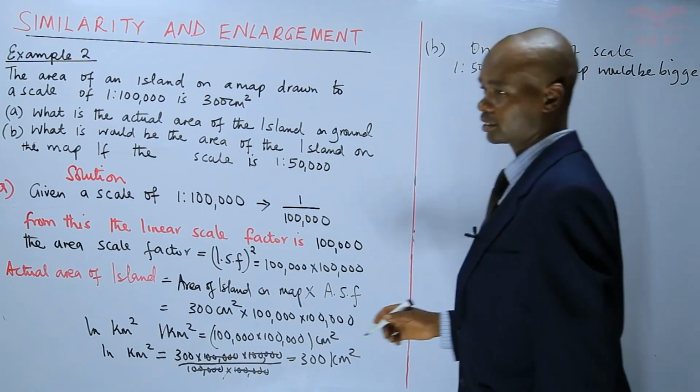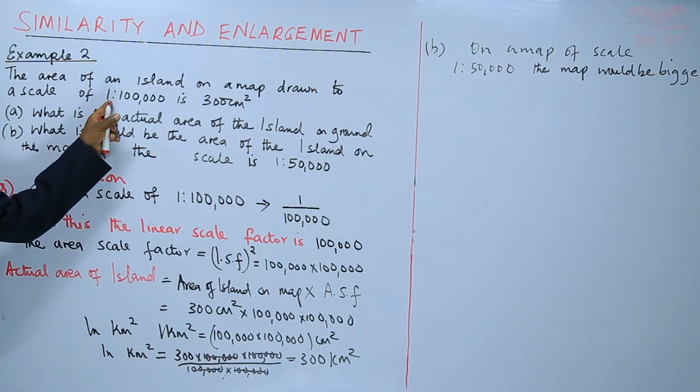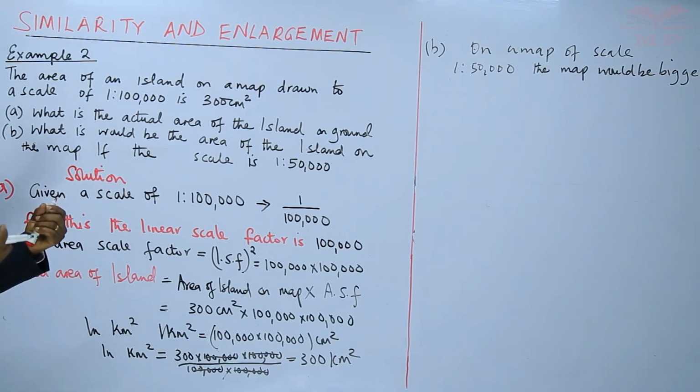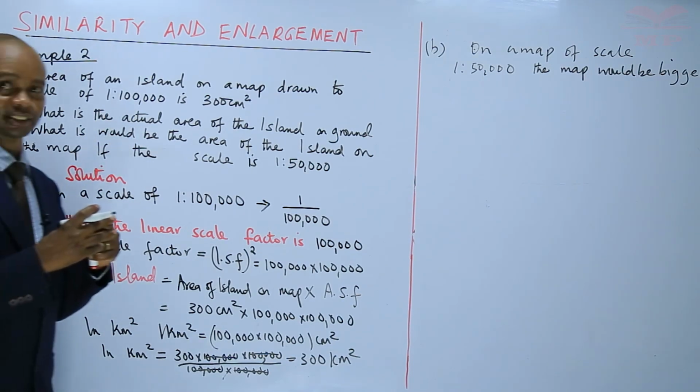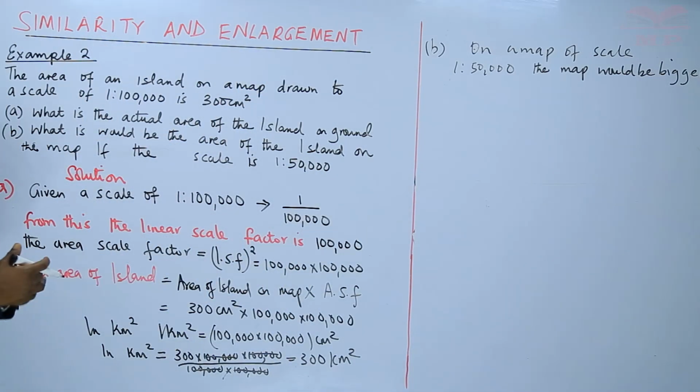If somebody asks you why: here we have one representing 100,000, but we now have one representing 50,000. So this map would look bigger.